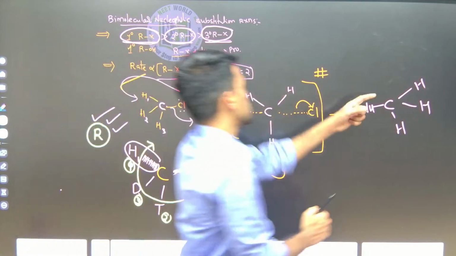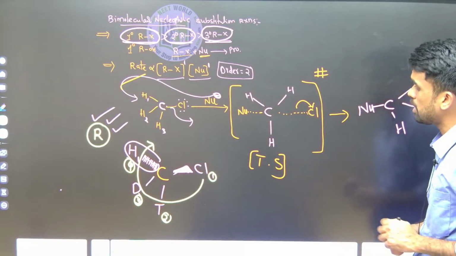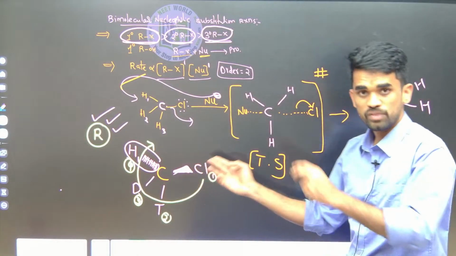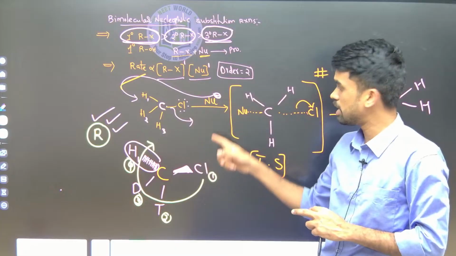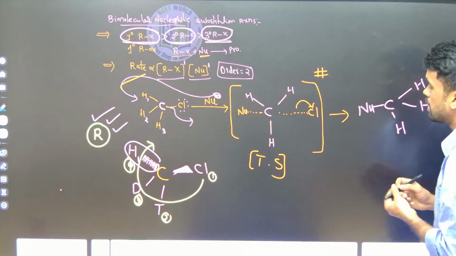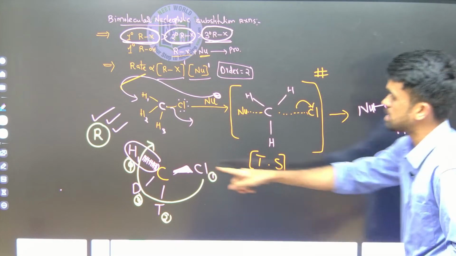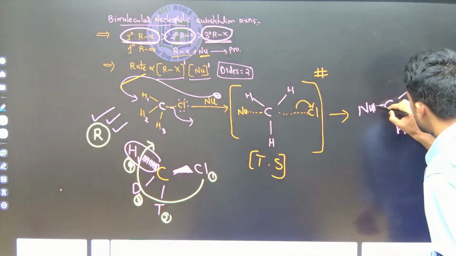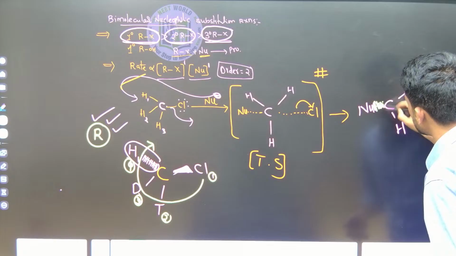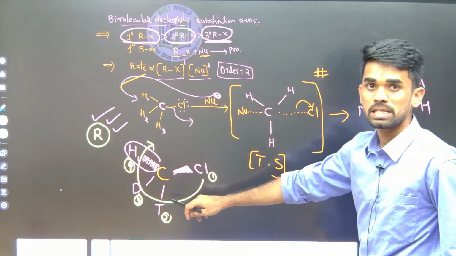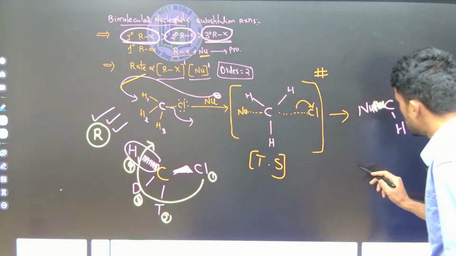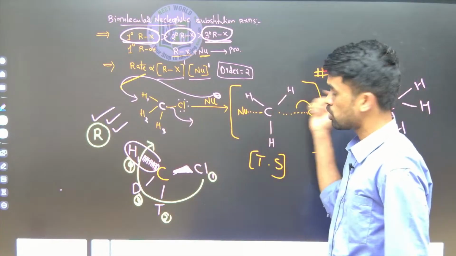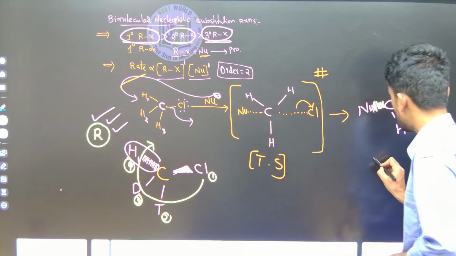Now when the reaction is taking place, in the place of chlorine, from the opposite direction, we are getting this nucleophile. It means the nucleophile will come, see this is above the plane now, so our nucleophile will come from below the plane like this. Now what happens? The starting material has R configuration. Now the product will have S configuration.